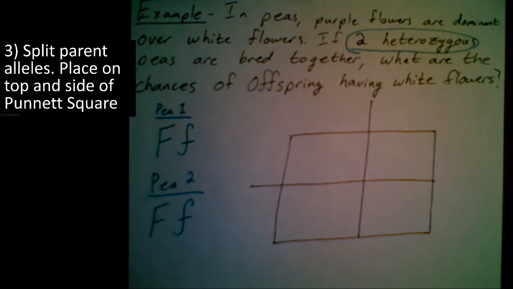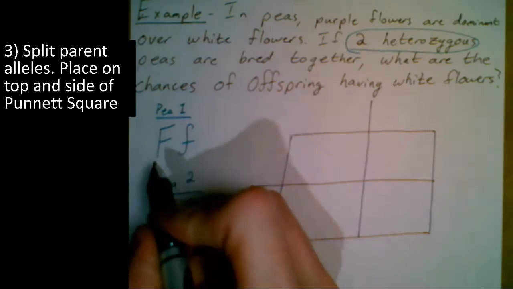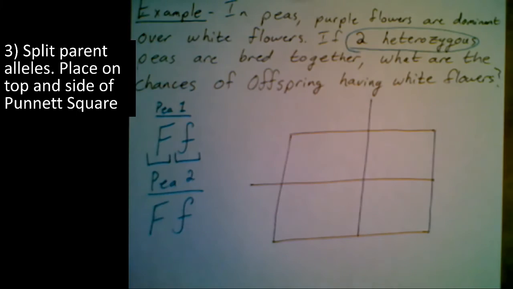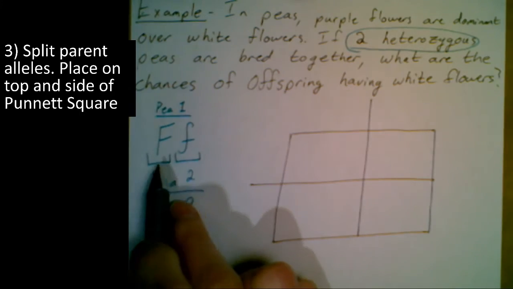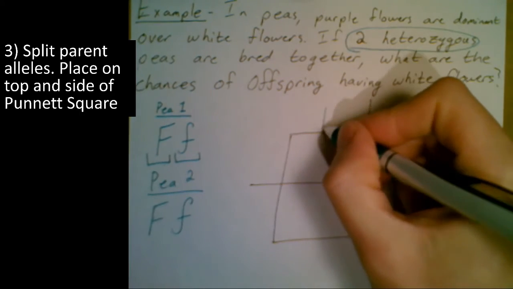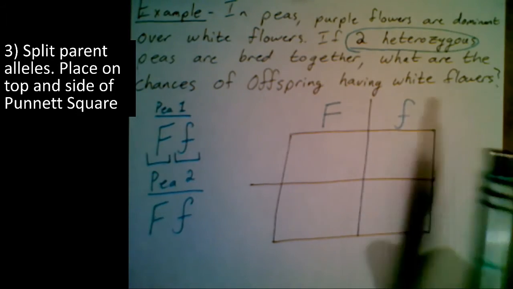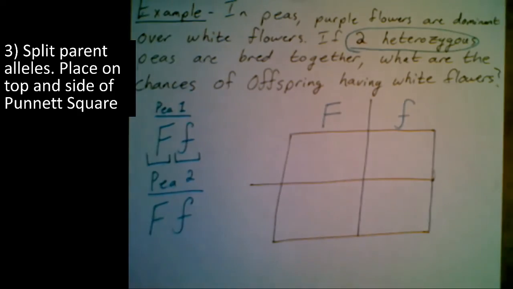The reason we make this is for our next step, which is to split the parent alleles and place them on the top and the side of the Punnett square. What that means is parent number 1 has two alleles, a capital F and a lowercase f. I am going to write these on the top of my Punnett square, but you notice I actually split them apart.